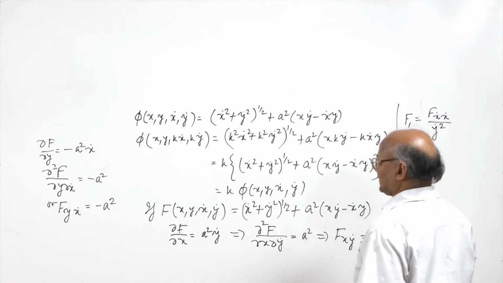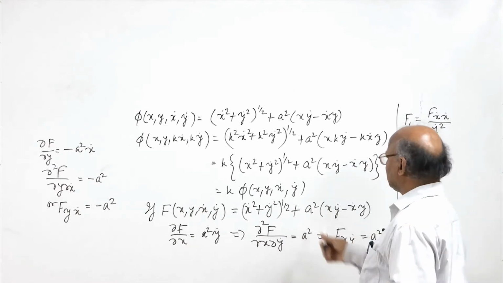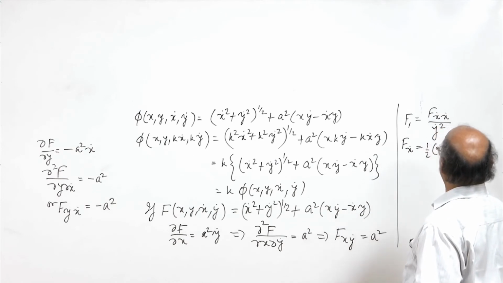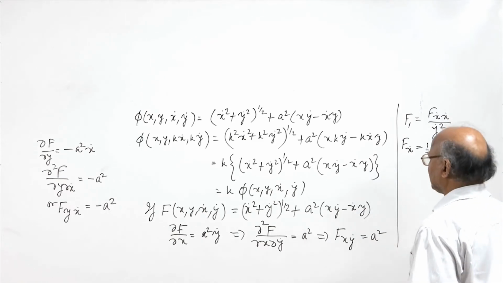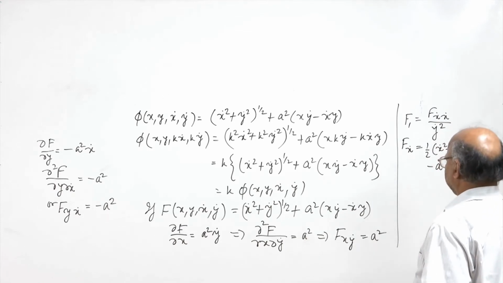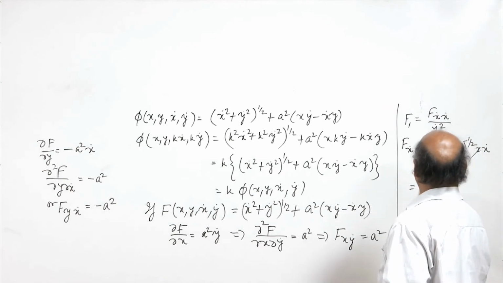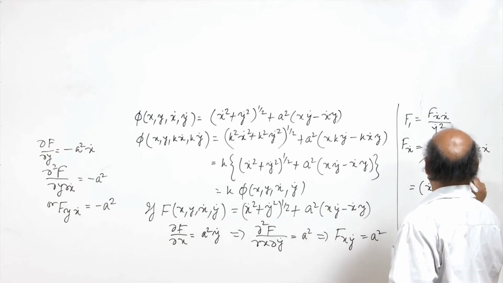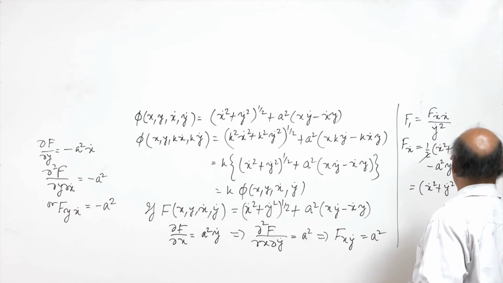So let us find f x dot x dot. So first we find f x dot. F x dot is equal to 1 by 2 (x dot square plus y dot square) to the power minus half into 2x dot, and then we have minus a square y when we differentiate with respect to x dot. So this 2 will cancel and we get (x dot square plus y dot square) raised to the power minus half into x dot minus a square y.